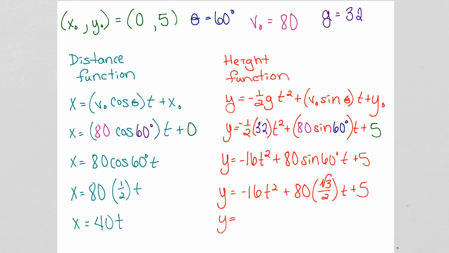So y would be simplified as negative 16 t squared plus 40 square root of 3 t plus 5.